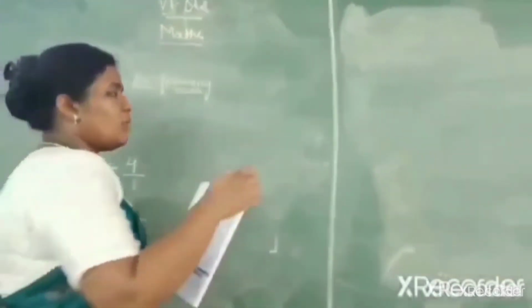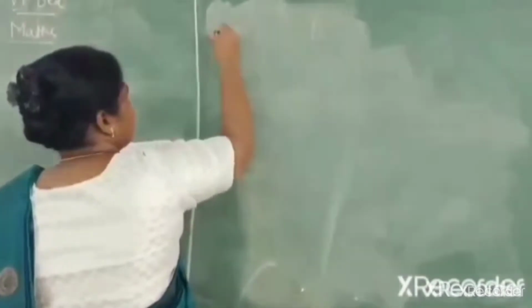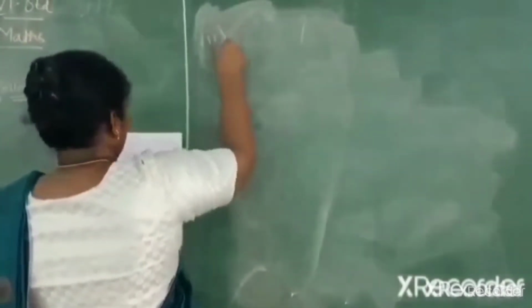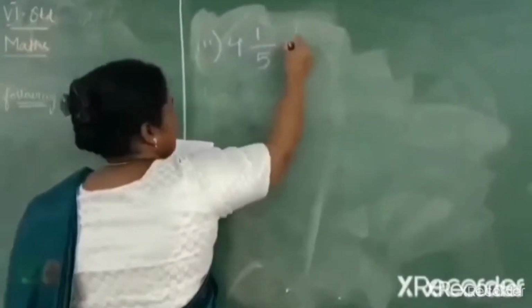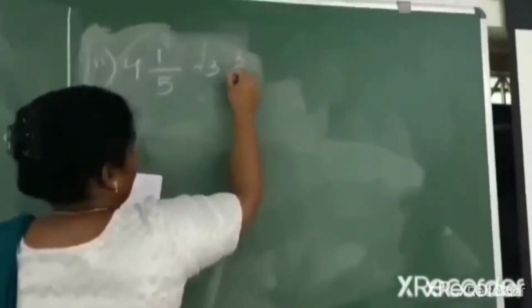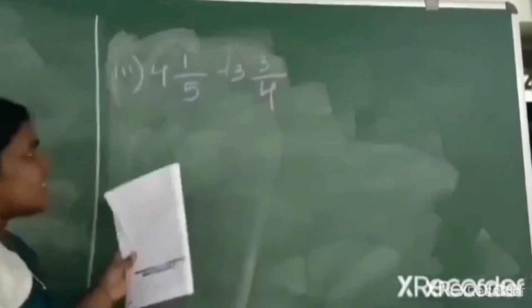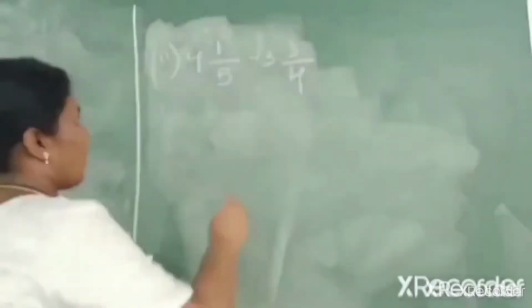So we'll do the fourth problem. I'll do the third sum for you. Third sum, 4 1 by 5 divided by 3 3 by 4. So it is in a mixed fraction. We have to convert this mixed fraction into an improper fraction.